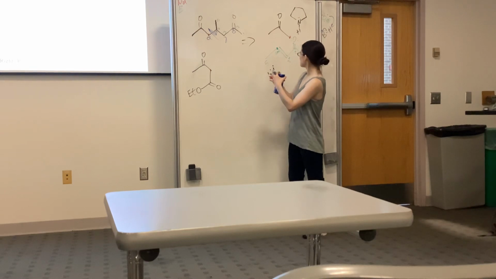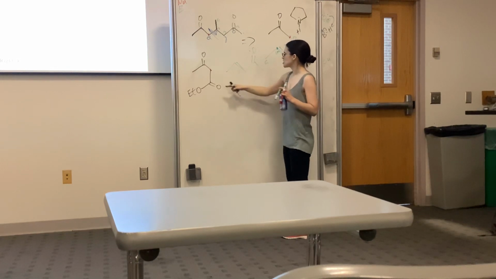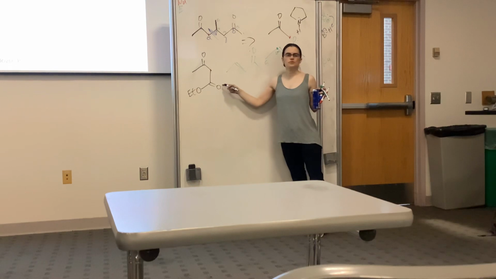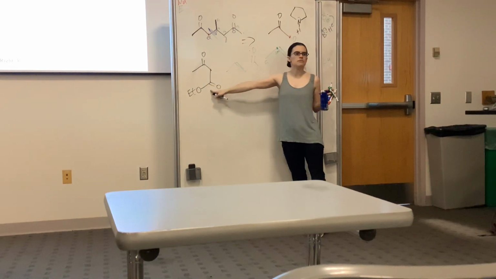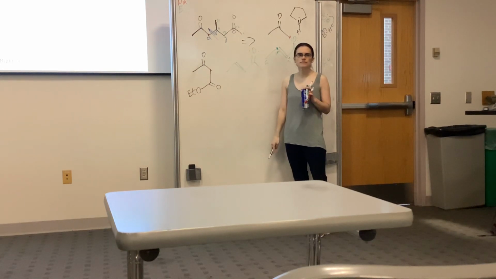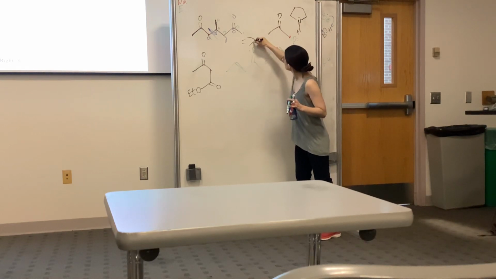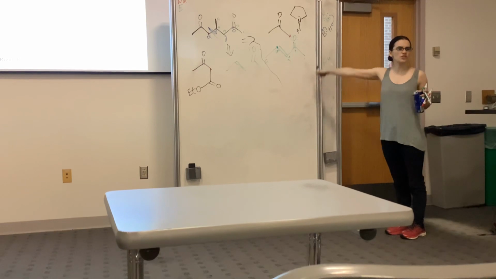Then we still add the same thing here. We just do a bunch of extra steps to turn that into a carboxylic acid and then heat it up and decarboxylate it, and we end up with the same thing, right? So that way or that way, whatever you want to do.